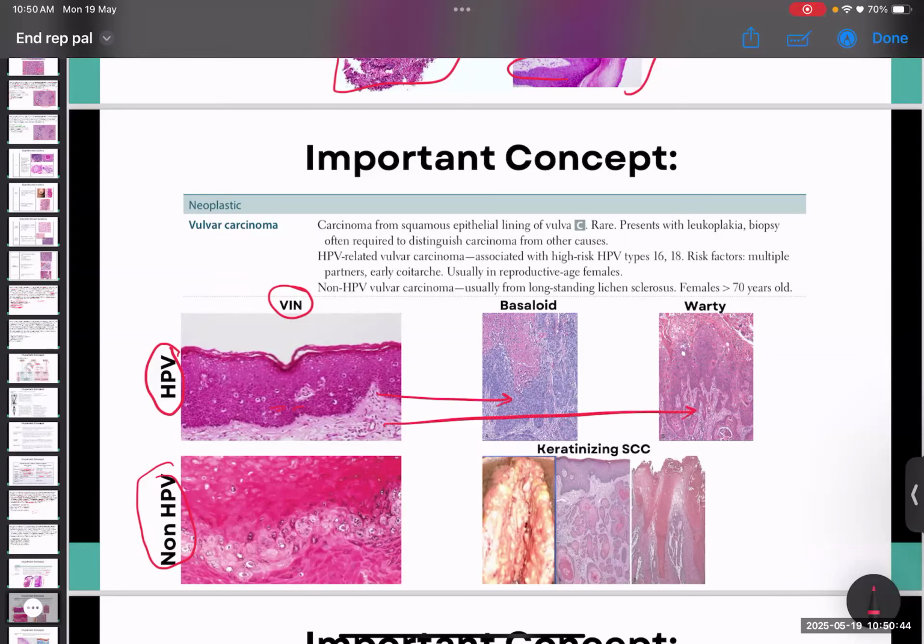The non-HPV usually has a malignant transformation to keratinizing squamous cell carcinoma. Again, you have keratin pearls in squamous cell carcinoma, so it's very easy to diagnose this, whereas for basaloid and warty, you kind of just have to memorize them. And then the HPV is of the type 16 and 18, very much similar to your CIN as well.